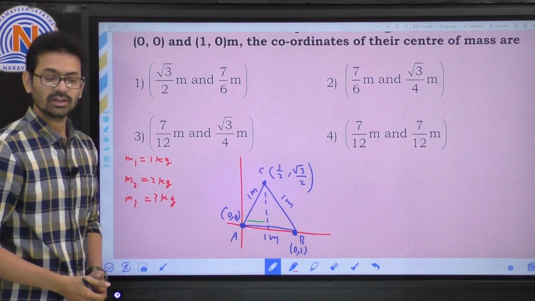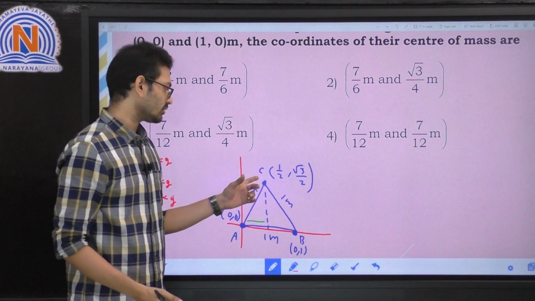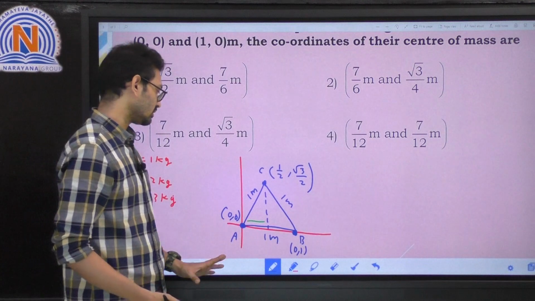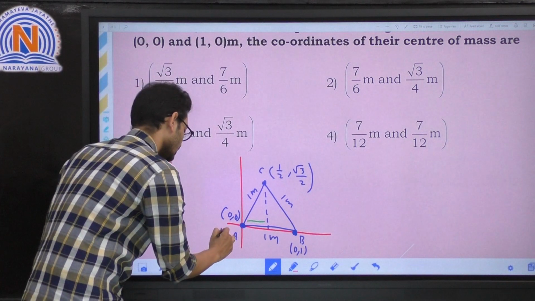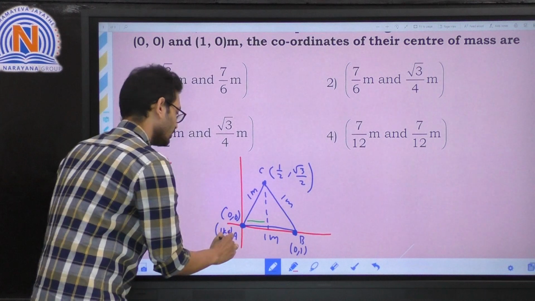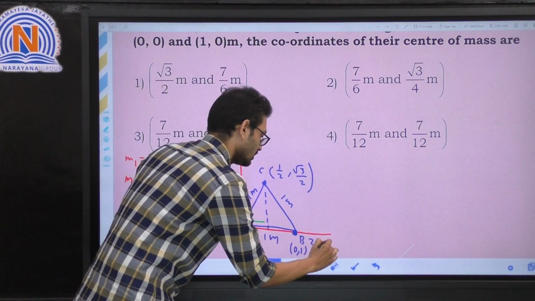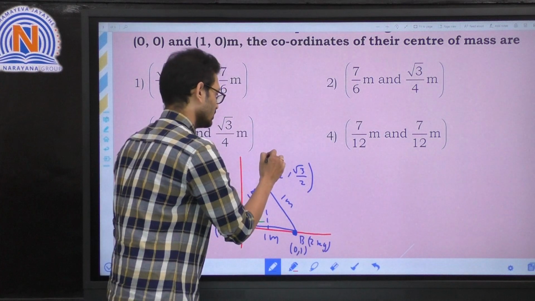You can apply and find it out. So these are the coordinates of the third mass. First mass is 1 kg. Second one's mass is 2 kg. Third one's mass is 3 kg.